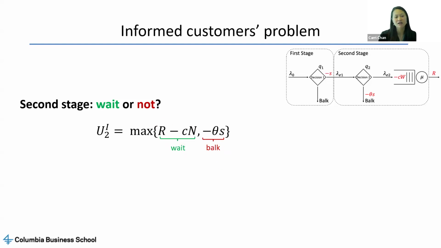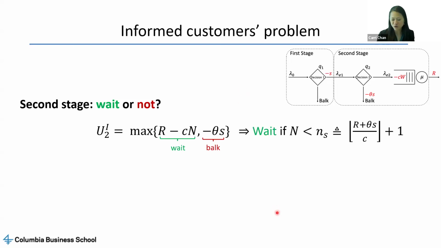So they have exactly the queue length n. Here you can show very straightforwardly that it's a threshold policy. They're going to join the queue if the number in system is below some threshold ns. Otherwise, they're going to balk.